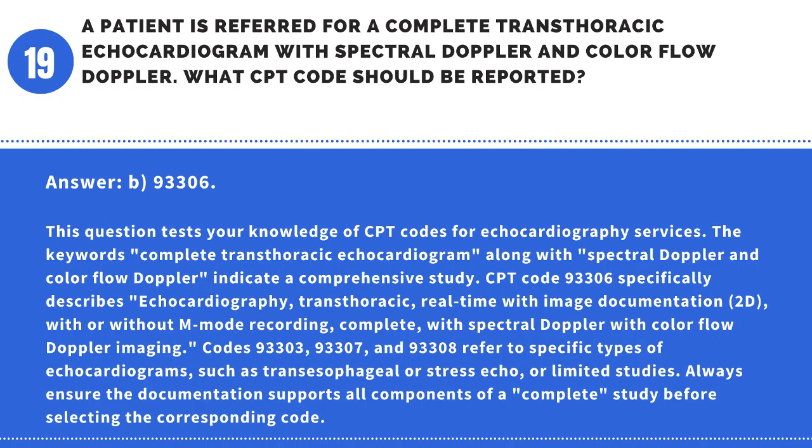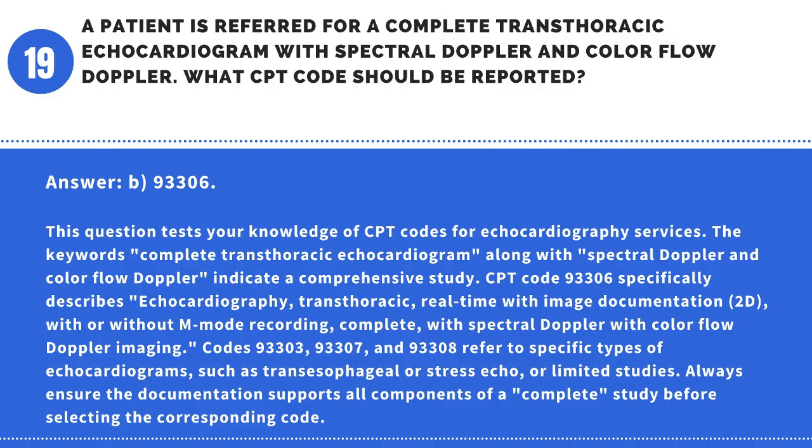93306. This question tests your knowledge of CPT codes for echocardiography services. The keywords complete transthoracic echocardiogram, along with spectral Doppler and color flow Doppler, indicate a comprehensive study. CPT code 93306 specifically describes echocardiography, transthoracic, real-time with image documentation, 2D, with or without M-mode recording, complete, with spectral Doppler with color flow Doppler imaging.